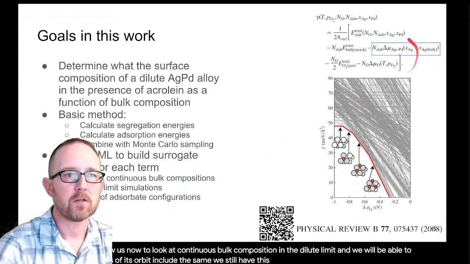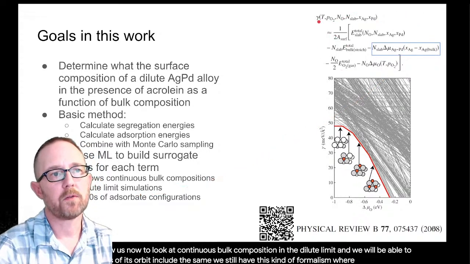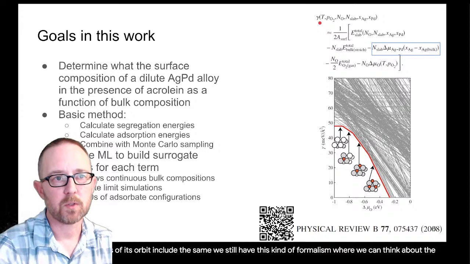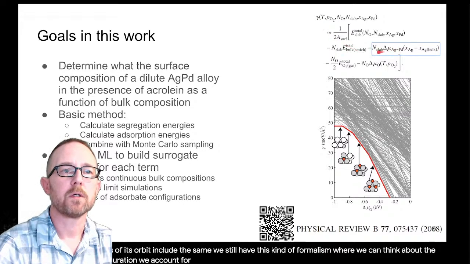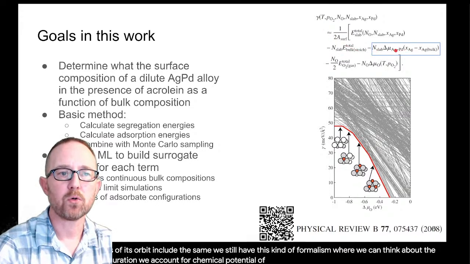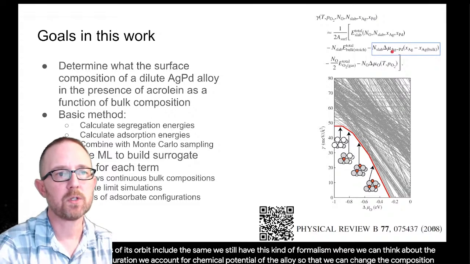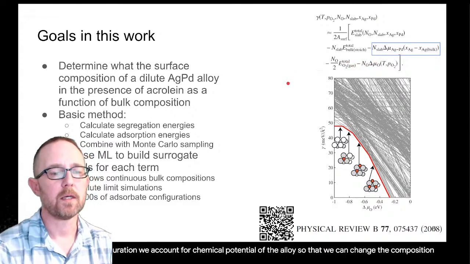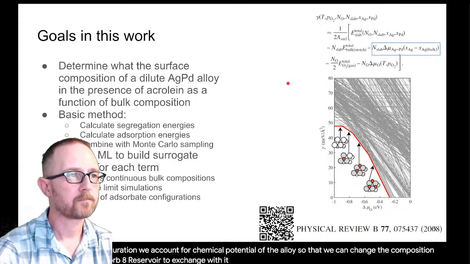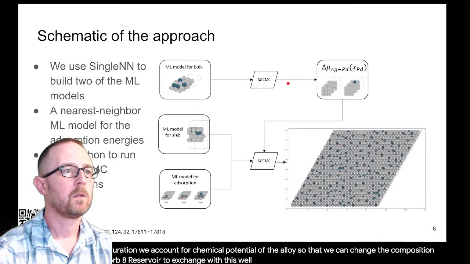We still have this kind of formalism where we can think about the surface energy of a configuration. We account for chemical potential of the alloy so that we can change the composition, and we account for an adsorbate reservoir to exchange with as well. All right, so here's the schematic.